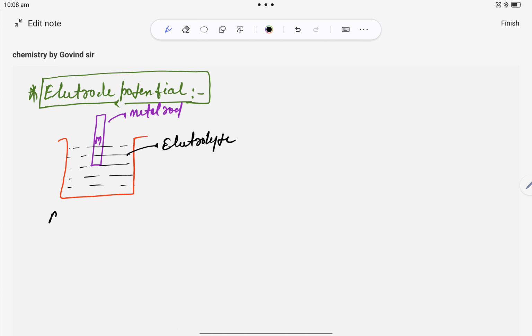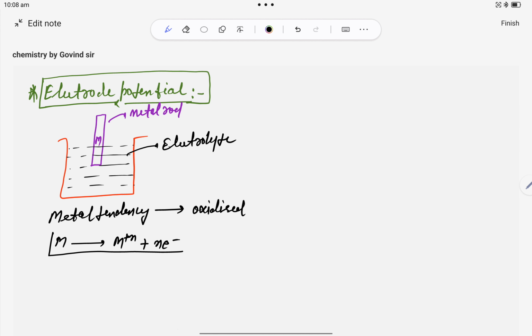So suppose the metal tendency is to oxidize, that the metal is oxidized. So what will the metal do? Metal will do oxidation. Metal will release its ions, n number of ions and n electrons, because the metal tends to get oxidized.